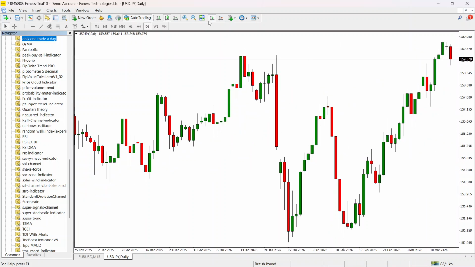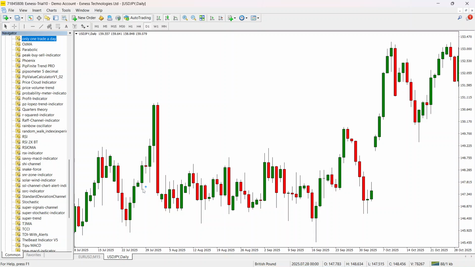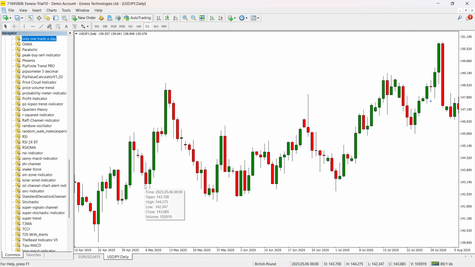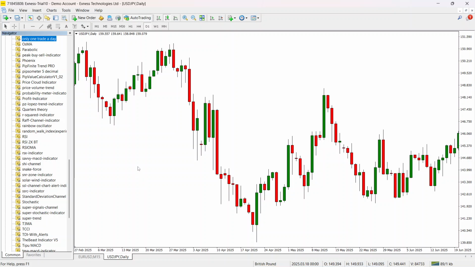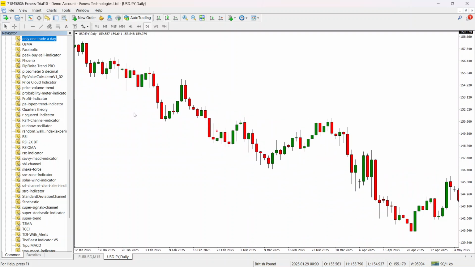As we can see over here, with this blue arrow below the price action. Typically blue or green arrows highlight a bullish bias, while red arrows highlight a bearish bias, giving a simple visual cue for the current directional signal, as you can see here.